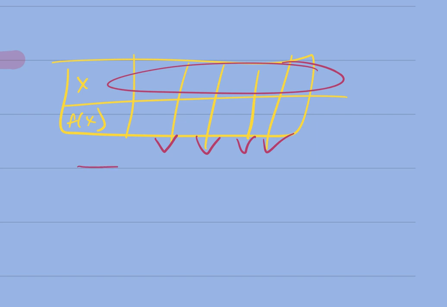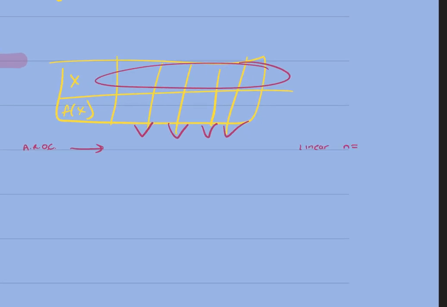If the first rate of change, average rate of change, is equal, then it's linear, or n is 1. So I'm going to get a number, a number, a number, a number. If they are all the same, it's linear. Then I find the rate of change of that, and I get a number, and a number, and a number. And that would make it what? Quadratic, if it is all the same.